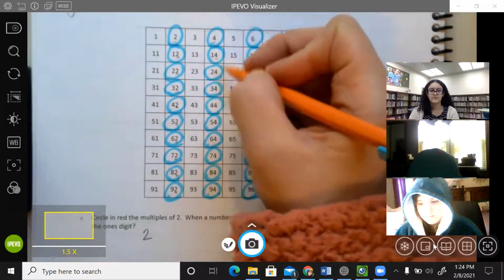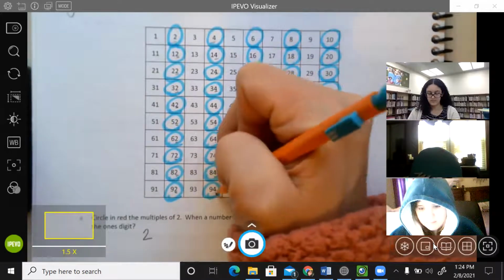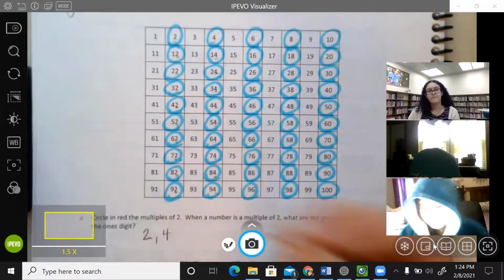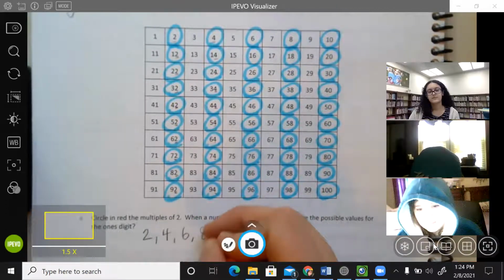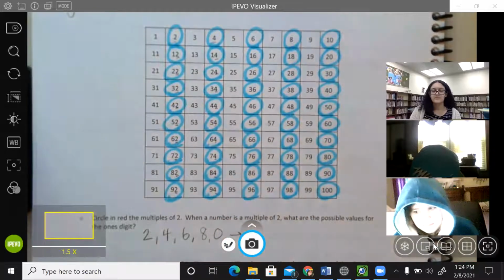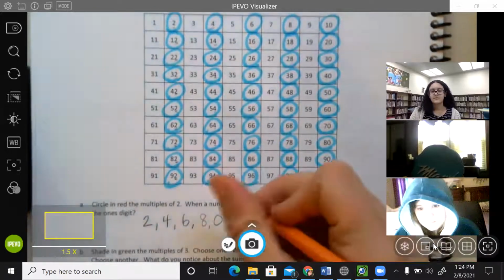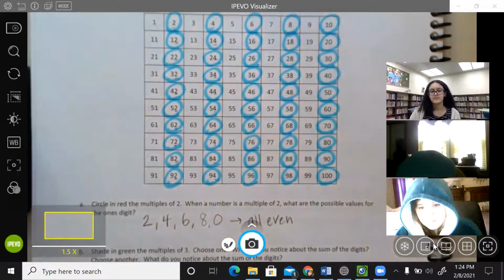All the ones place end in what number? 4, and then the next one, 6, the next one, 8, the next one, 0. All of those, Soren, are what types of numbers, even or odd? Even. They are all even. Great job.